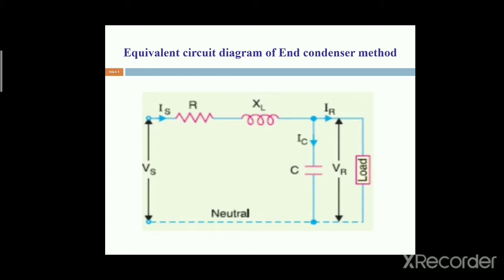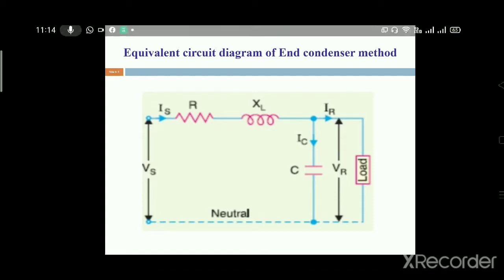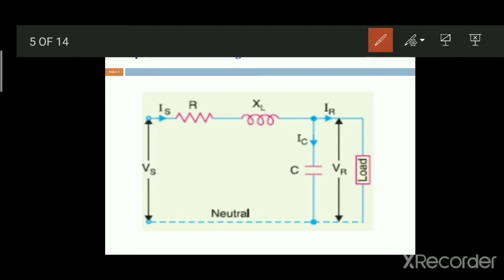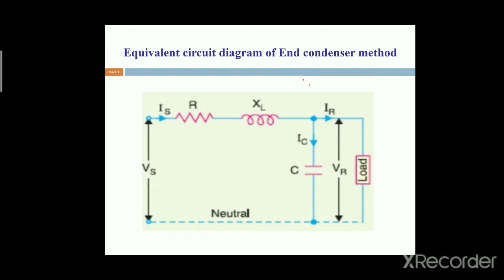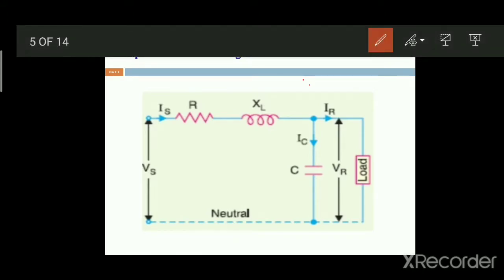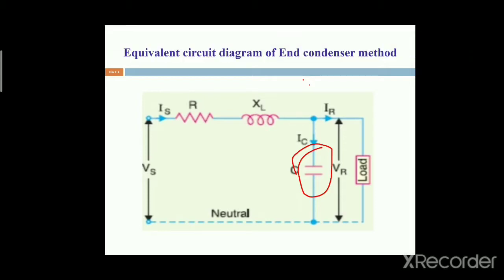In that name we have the word end. End means at the end of the circuit diagram, or at the receiving side, we are connecting the capacitance value. This is the end of the transmission line, and there we are connecting the capacitance C. Then it is known as the end condenser.